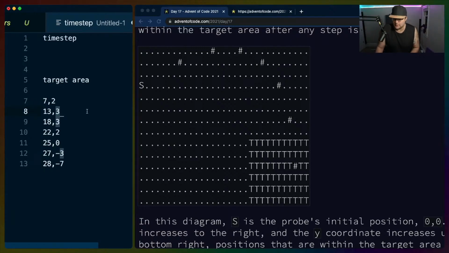So this is our equation. We're not our equation, this is our series. And then this is y equals 2, x equals 7. This is y equals velocity, vy.